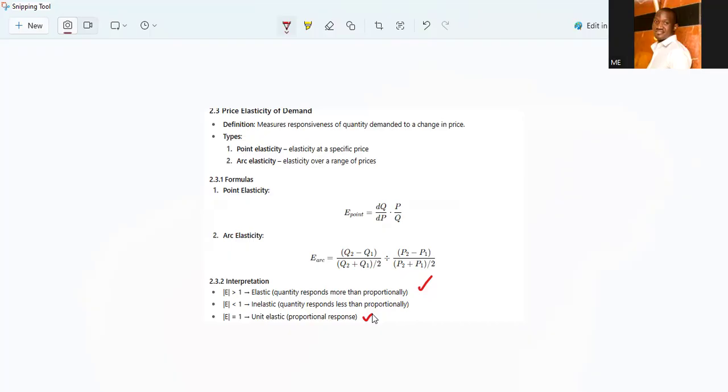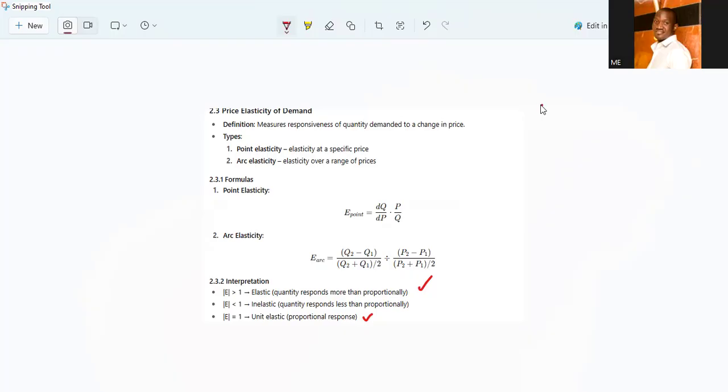So we looked at point elasticity of demand, which is at a particular point. So the formula for point elasticity of demand is elasticity QD, it's dQ over dP times price over quantity at that particular point. Okay. So point elasticity of demand is important because you're able to calculate the elasticity of demand at a particular point.